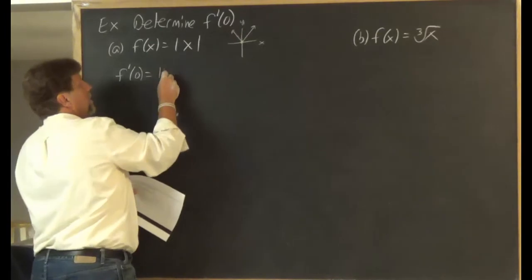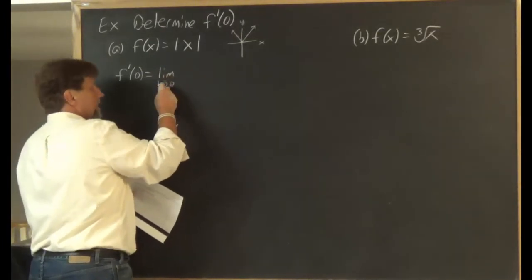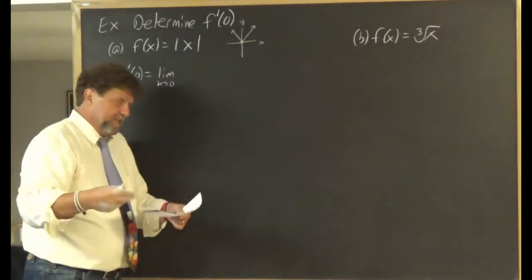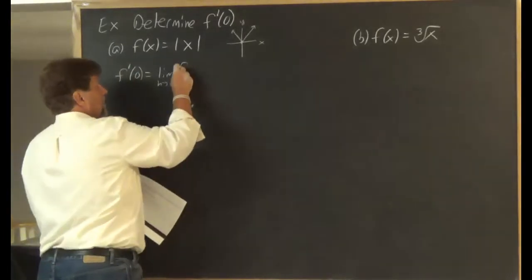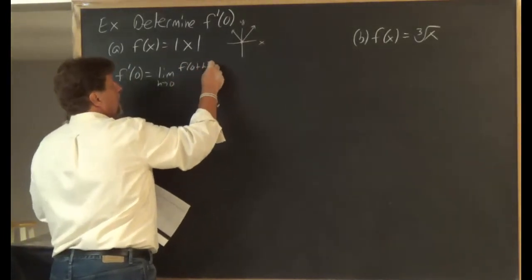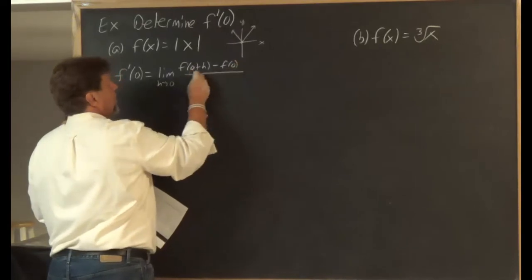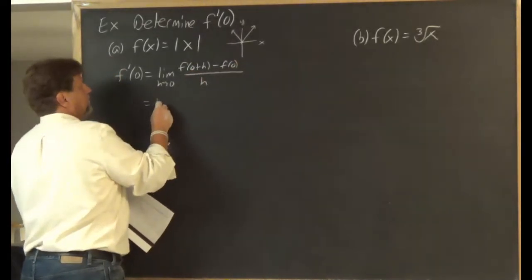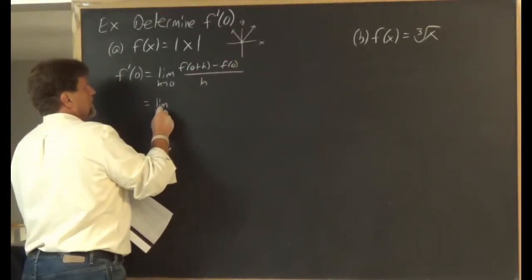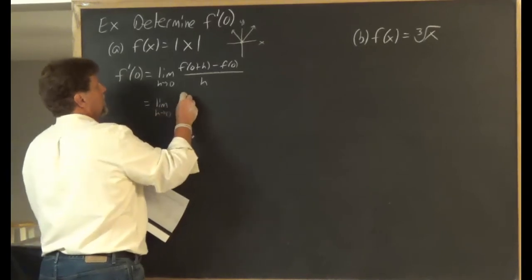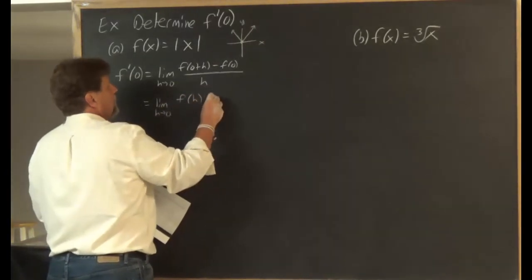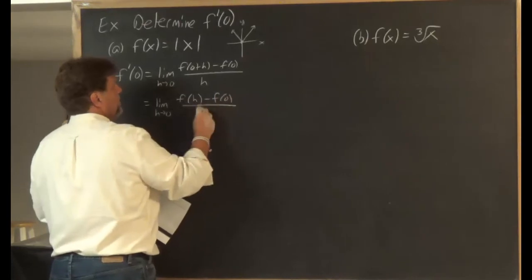So here's how I would do this. F prime of 0 is the limit as h approaches 0. We might as well go ahead and just put the 0 in for the x's. So it's f of 0 plus h minus f of 0 over h. So we have the limit as h approaches 0 of f of h minus f of 0 over h.